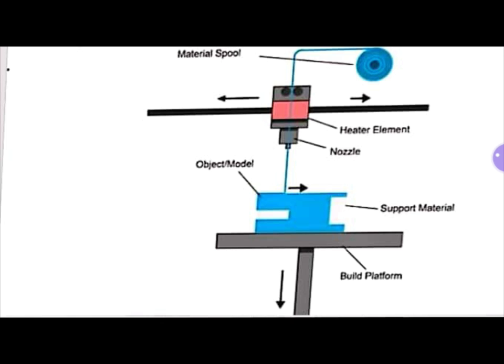This particular head is going to move in the x direction and y direction. Here, based upon the data, we are going to deposit the material onto the build platform.